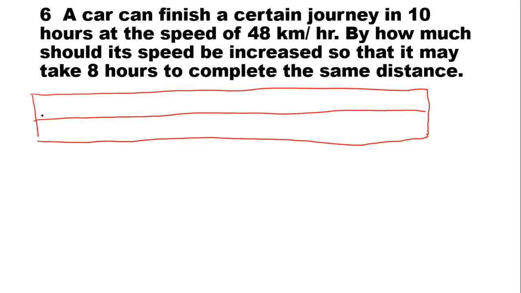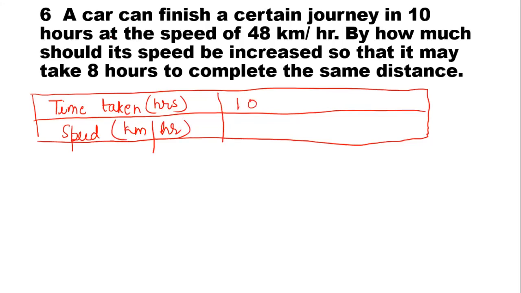The time taken and the speed. In which is time taken given? The unit is hours. Speed is given in kilometer per hour. Time taken is 10 hours at the speed of 48 kilometer per hour.